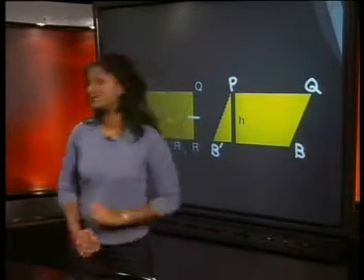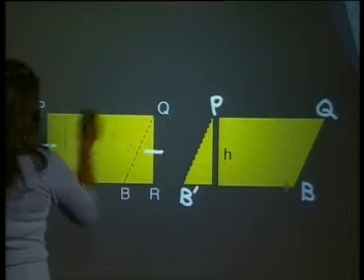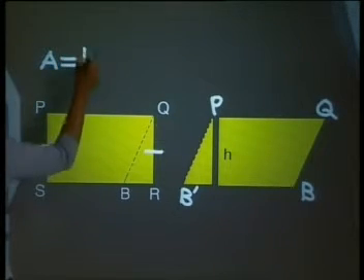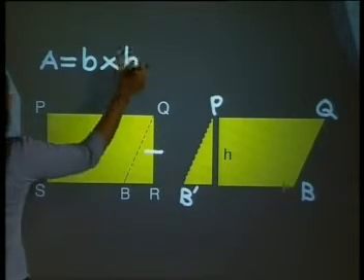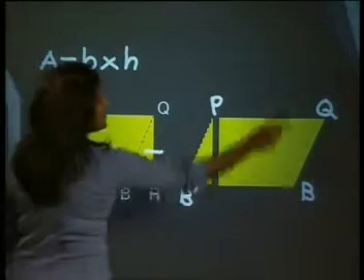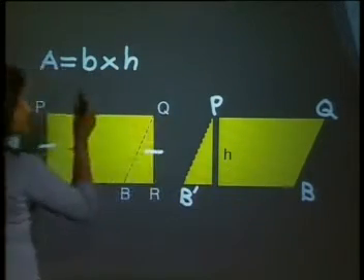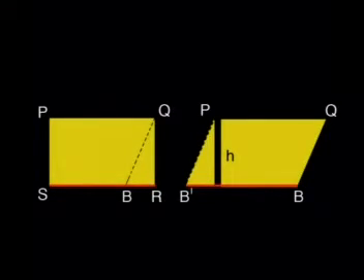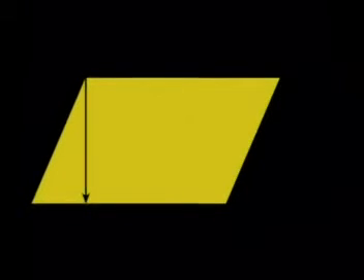Let's see. The formula for the area of a rectangle is area is equal to the base times the height. The area of the parallelogram should be the same. Let's check. Can you see that the base has not changed? All we did was to move this piece of it, RB, to the other side.